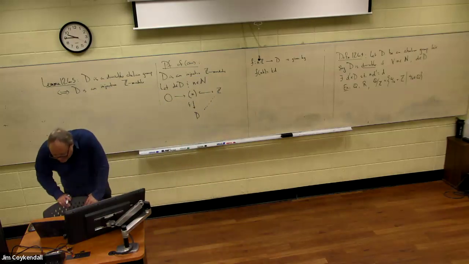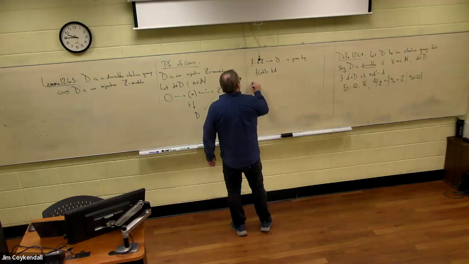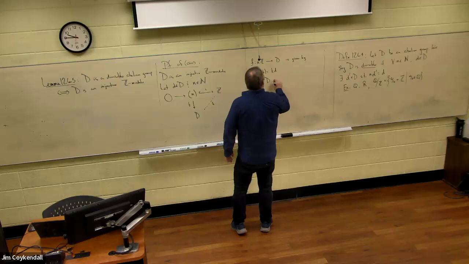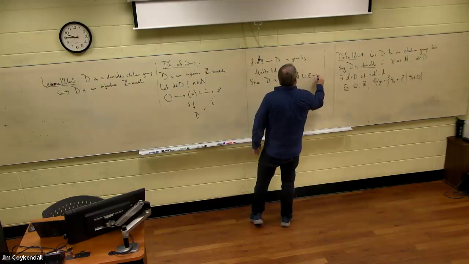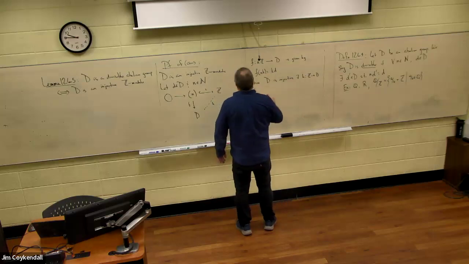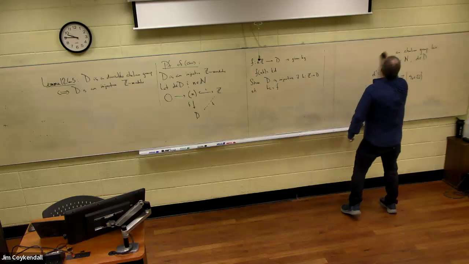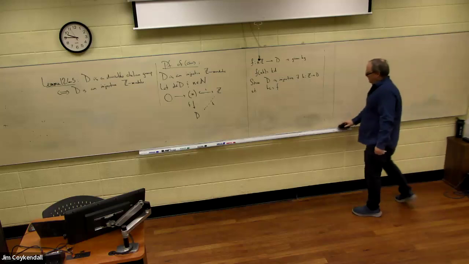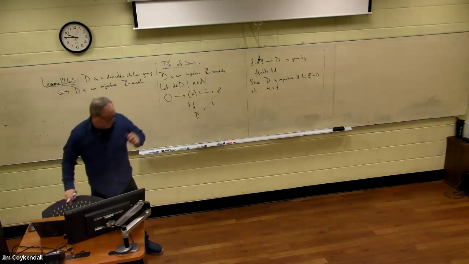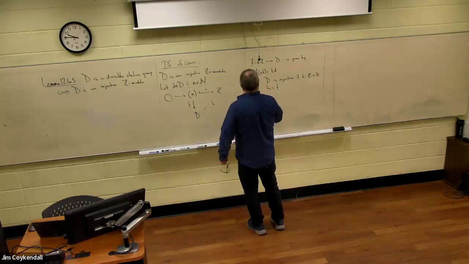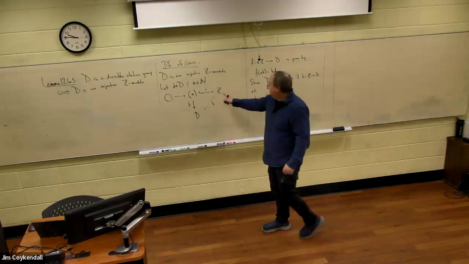Now, this gives us an H. If I call this inclusion O, since D is injective, there exists H from Z into D such that when I do O then H, it's the same thing as doing F. And so, now to finish this off, let D prime be H of one.